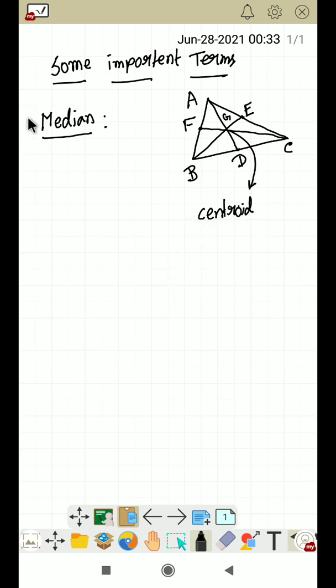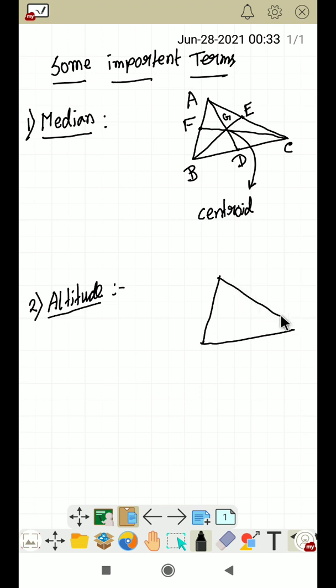Now go to the next one, that is altitude. So what is altitude? Suppose this is a triangle A, B, C. An altitude of a triangle corresponding to any side is the length of the perpendicular drawn from the opposite vertex to the side.